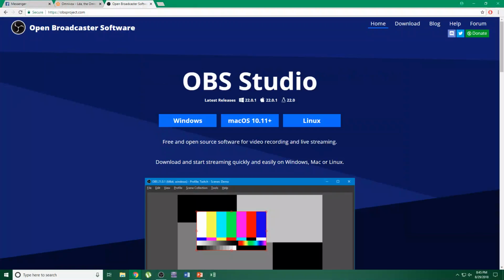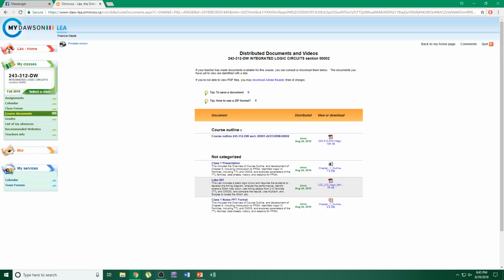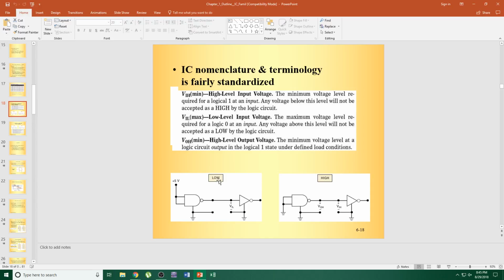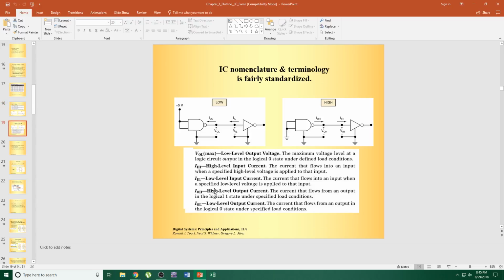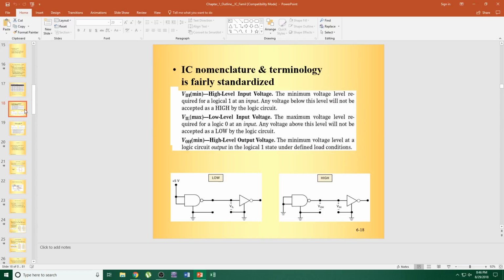Is that correct? Current that flows for an output at logical zero under specific load conditions. Oh, there is no max per se, but I guess voltage gets the max.